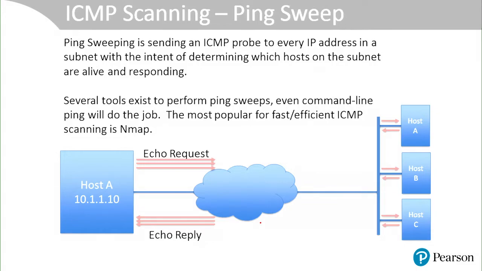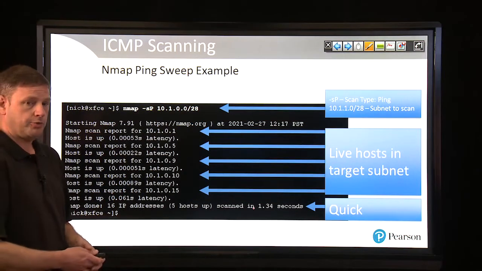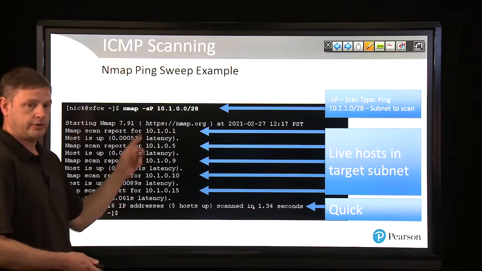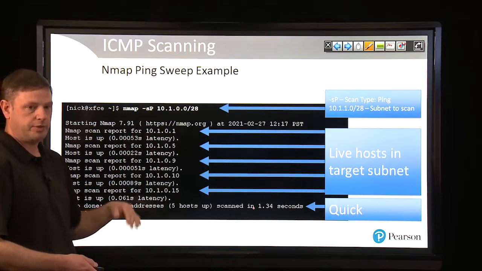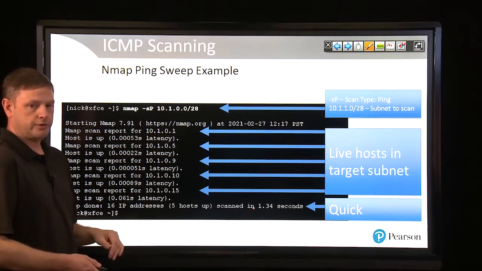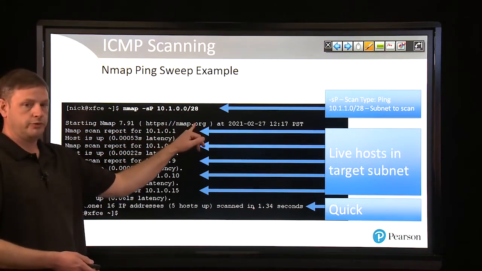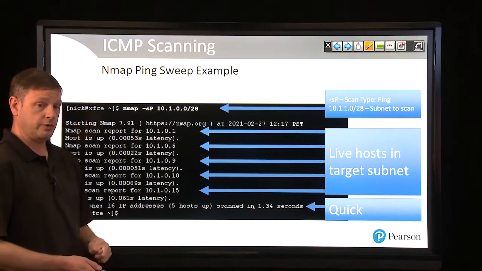Nmap is commonly used for this task. Here we see an output of the Nmap tool using the -sP switch, that is for ping, scan type ping. There's also -sT for TCP, -sU, etc. as well, followed by the subnet we want to scan. So this is a /28, so we have 14 available hosts on that subnet.